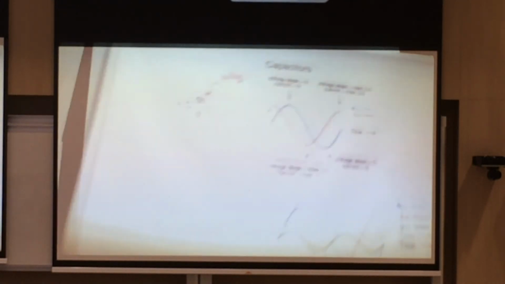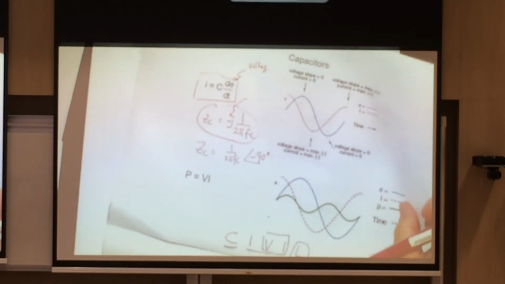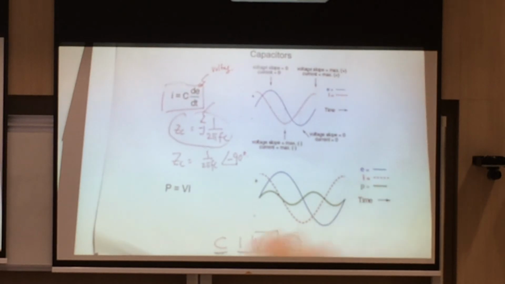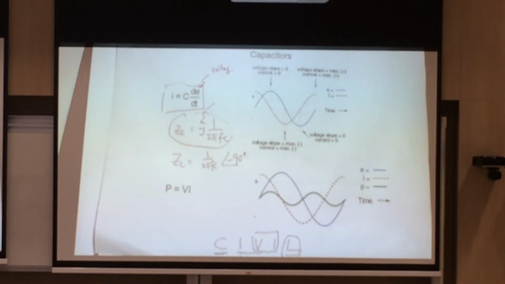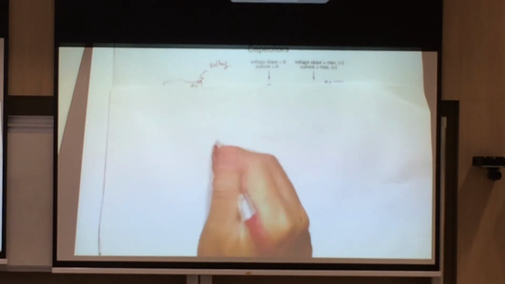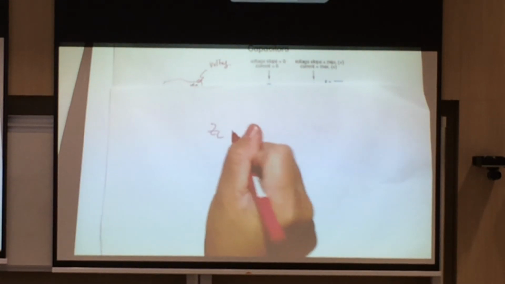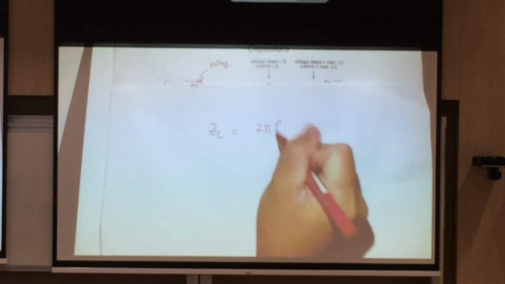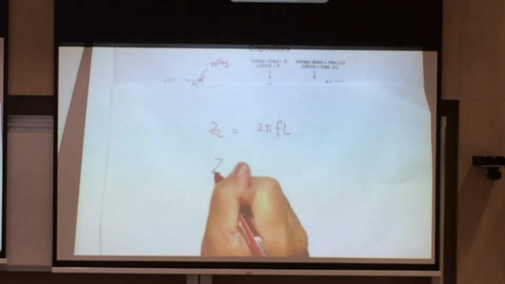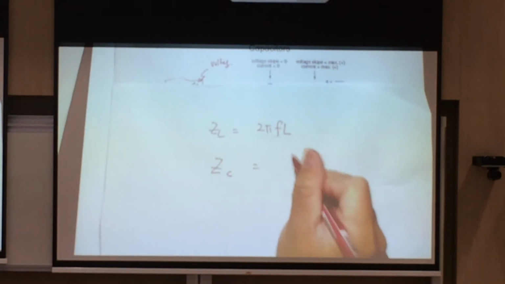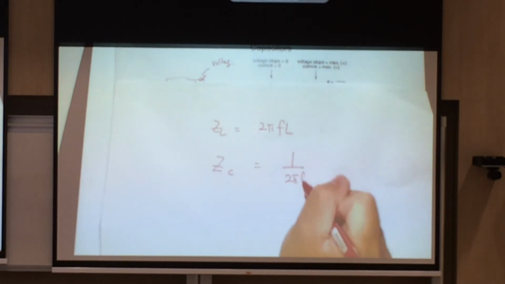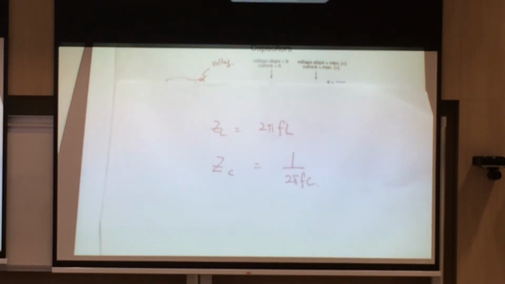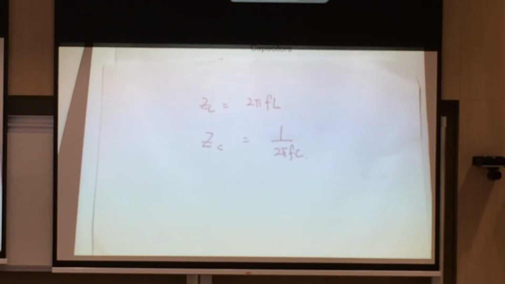Now, let's look at the two. Z_L is equal to 2 pi F L, right? Z_C is equal to 1 upon 2 pi F C. Agreed? Now, when your frequency increases, what will happen?